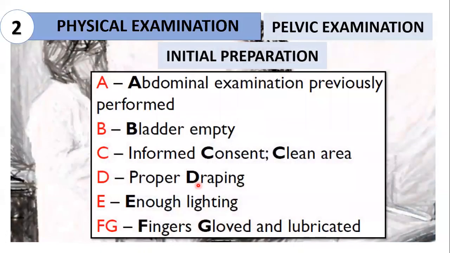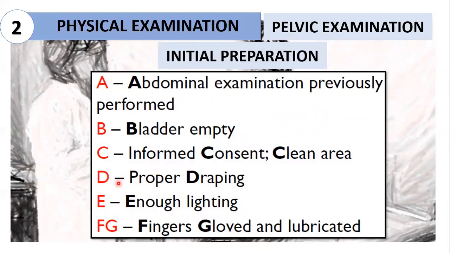here are the initial steps of pelvic exam. We have another mnemonic: A, B, C, D, E, F, G. A for abdominal examination should be done previously, and then B, we ask the patient to empty her bladder, okay? And then for C, we ask for informed consent and clean the area to be examined.